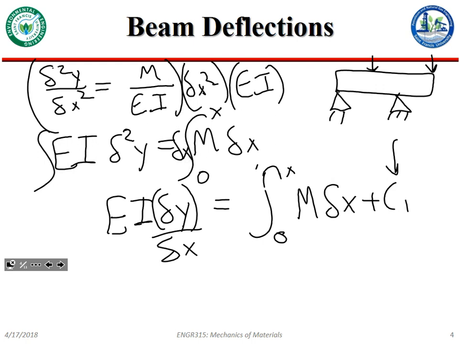These 2 supports aren't going to move. Therefore, the deflection here and here both have to be 0. So I still have a way to solve for these constants of integration that pop up. You just use the geometry of the problem to your own advantage.